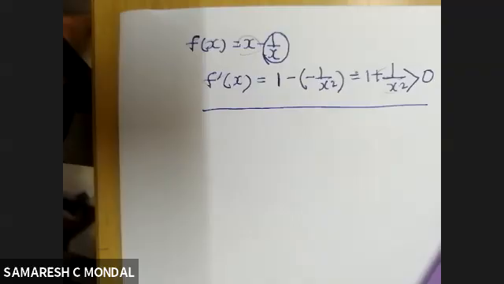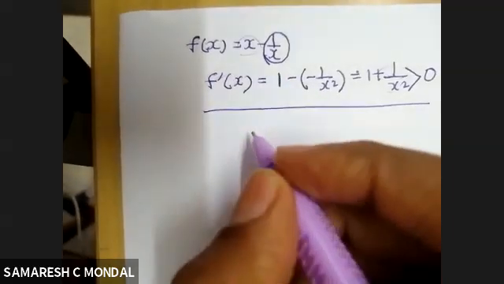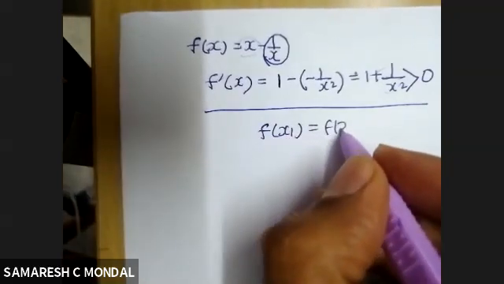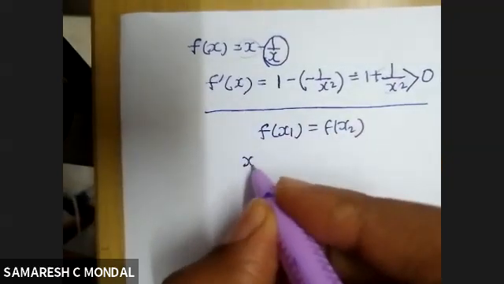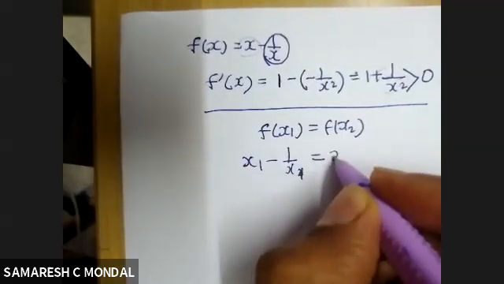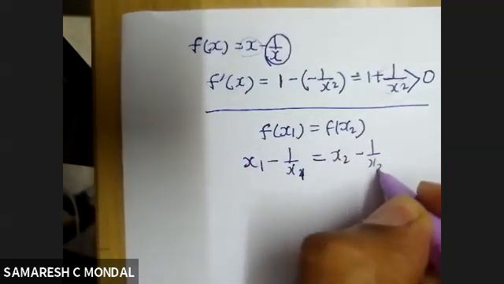So you can use the f of x1 is equal to f of x2 method. Yeah, okay, we'll use it. So someone suggests that let us try out f of x1 is equal to f of x2. So x1 minus 1 by x1 will be equal to x2 minus 1 by x2.